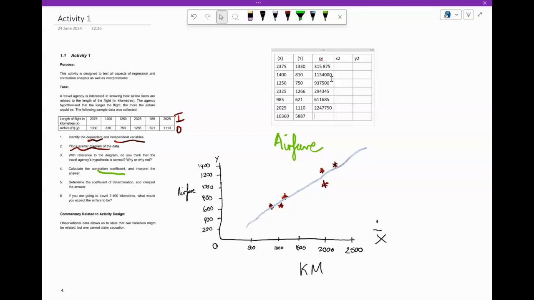Then the last one, 10,360 times 5887. Is everybody getting the same amount as me? Okay, I'll double check that right now.